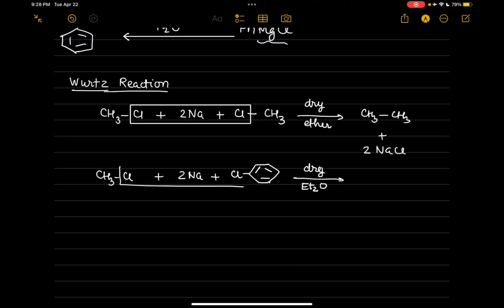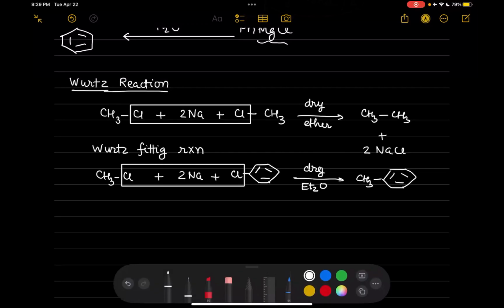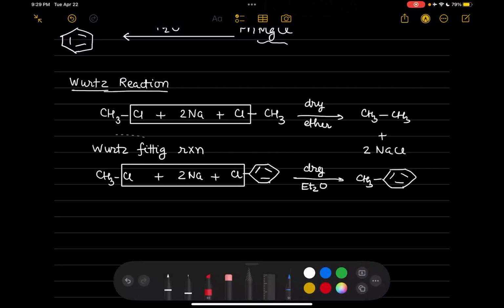You are going to see that this methyl and the benzene get joined with each other. So it is a coupling kind of reaction, and this name is Wurtz-Fittig. Just remember the name, otherwise the reaction is very, very easy. You might have studied it in your 11th class.